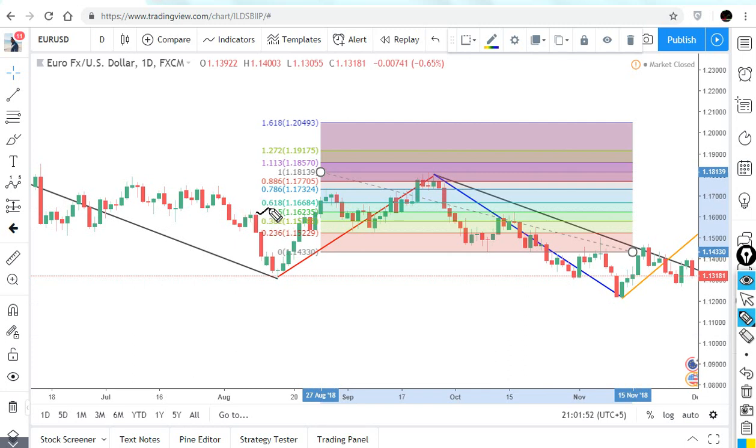Let me pose a question in our mind: why does it not go to 0.886? The question is, if it goes to 0.886, it will not be a valid impulsive wave, because 0.886 always happens in A, B and C. Okay, 1.13 will always happen in A, B and C.